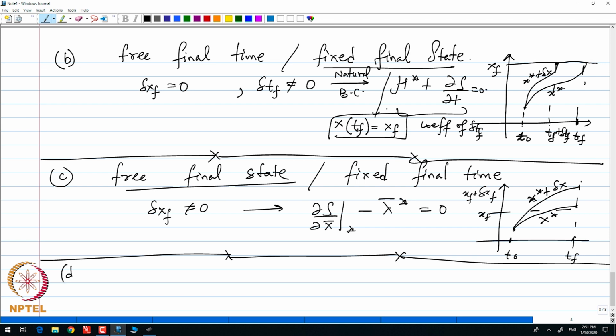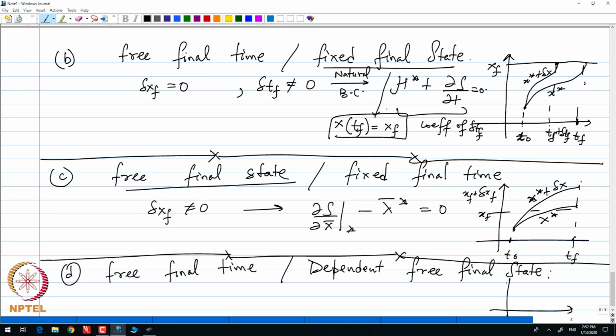So, let us say I have free final time, but dependent free final state, and I see that this is also going to be x of t from t 0 to t f, but now my curve moves along in such a way that the perturbed curve follows a curve.